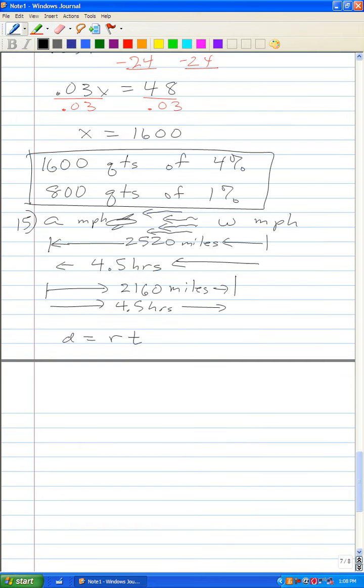Okay, and so let's get the first equation. Well, the total distance that you go is 2,520 miles. The rate is, well, you're going a miles per hour in still air, but you're being helped by the wind, which is going w miles per hour. So you're getting a speed of a plus w miles per hour, and you're doing this for 4.5 hours.